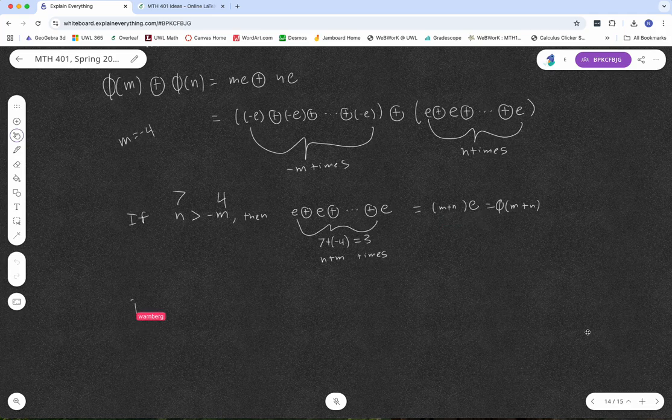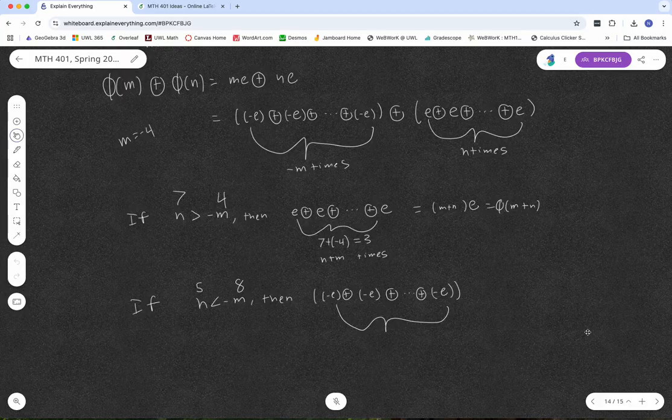All right, if n is less than negative m, let's say n is 5 and m is negative 8, then we have negative e plus negative e plus negative e. There should be 3 of them. So how do we write the number 3 in terms of m and n?